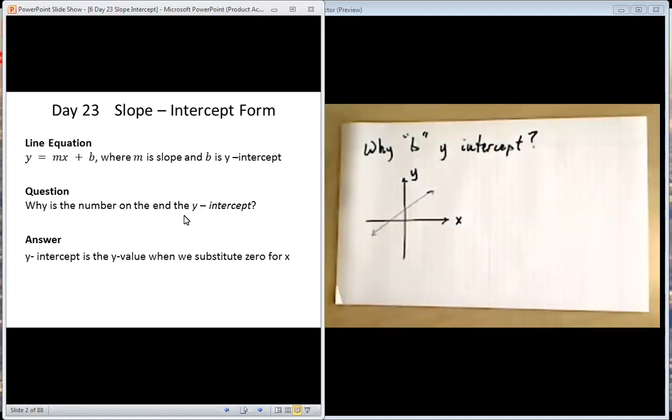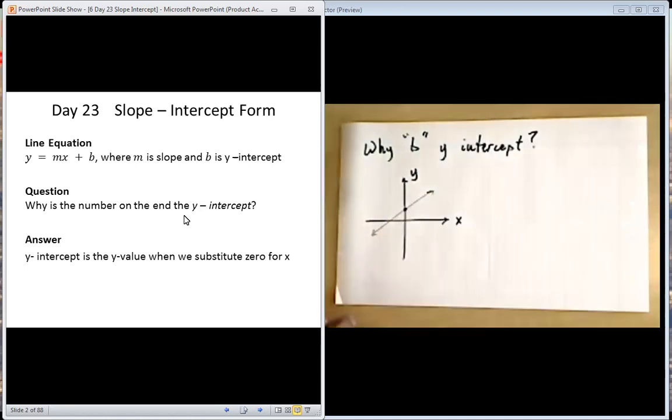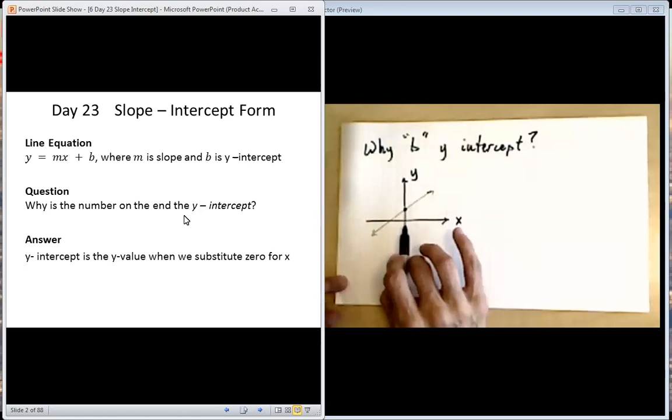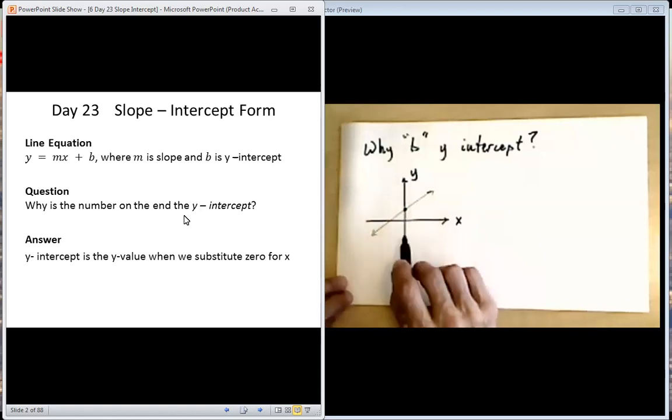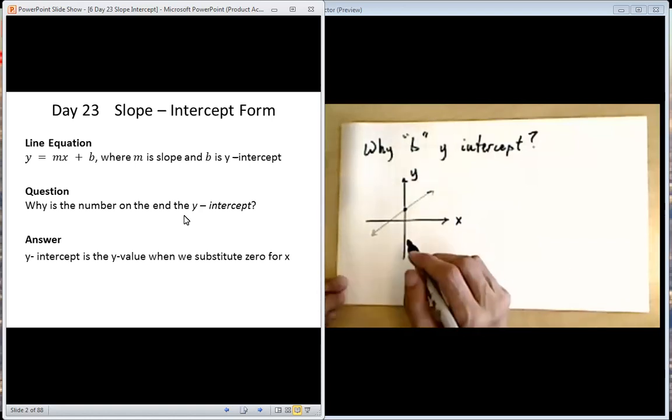And so notice that there is a location where this line crosses the y-axis, and that's going to be right at that spot there. True? Okay. Now, what's the x coordinate of this point here? Parsa says it's 0. He's right. Now the question is why?